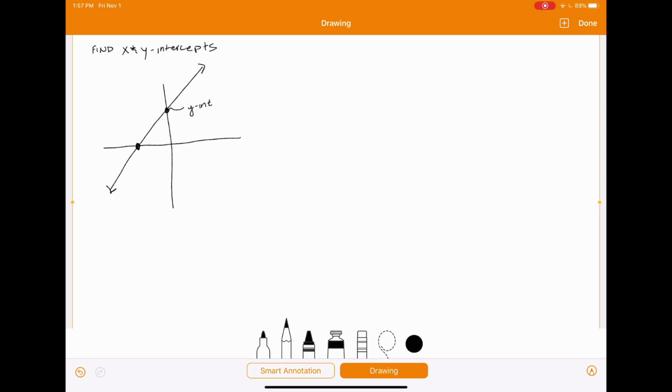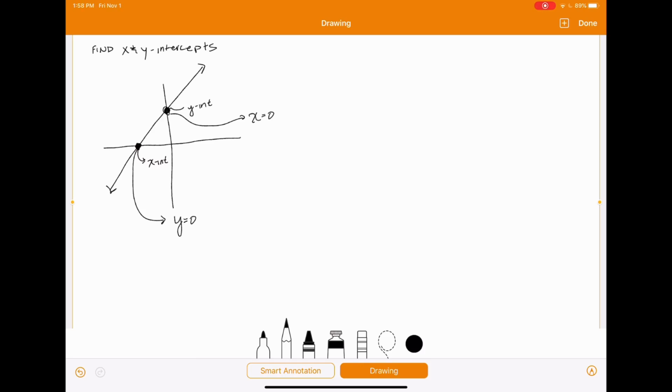And then where it crosses the x-axis is going to be your x-intercept. All right, and again, notice at this point here, x equals 0, and at this point here, y equals 0.